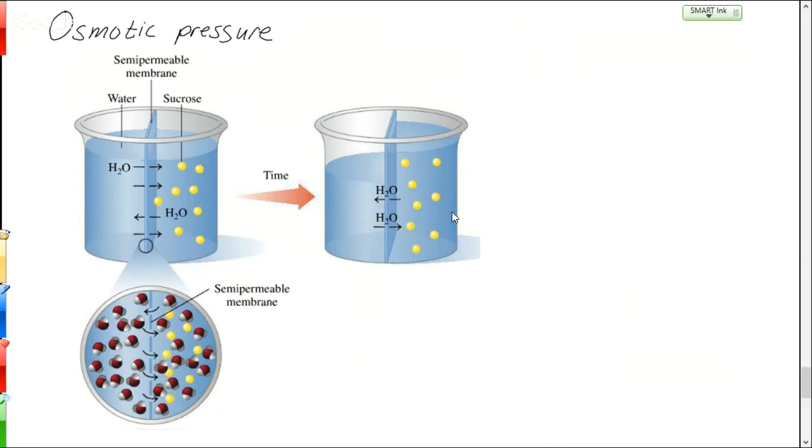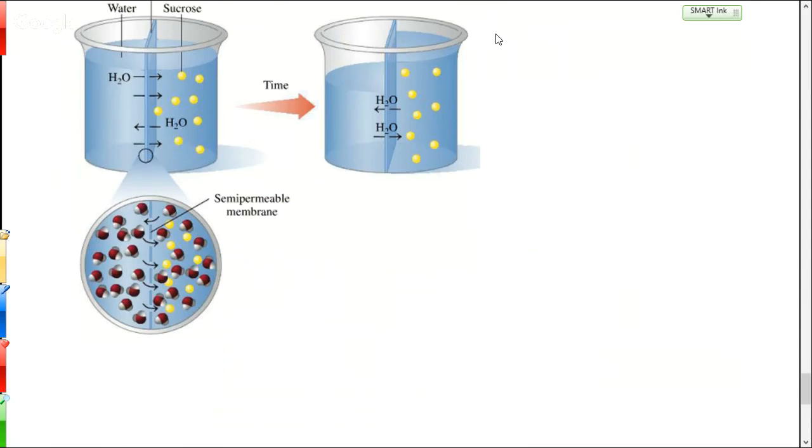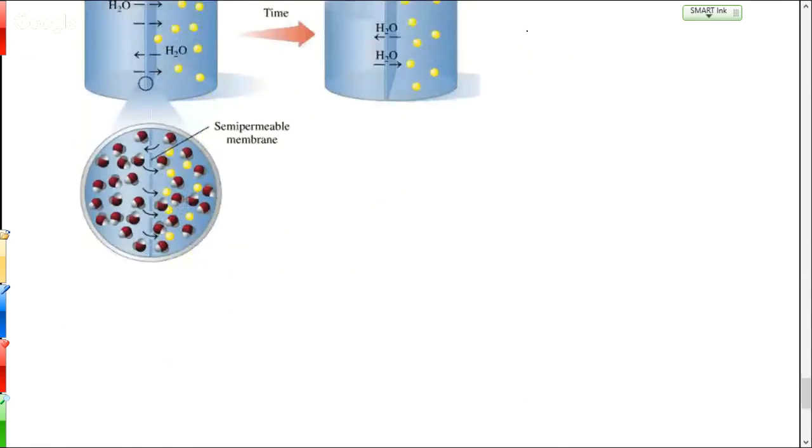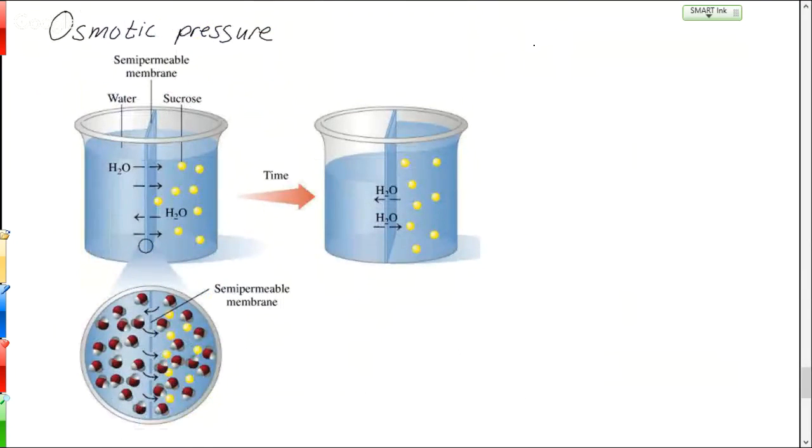So the reason that this is important for us is because this is what happens with our cells, especially our blood cells. Well, we'll just leave that up there. We'll do our definitions over on this side. We can define an isotonic solution as a solution with the same osmotic pressure as what we call the intracellular fluid.